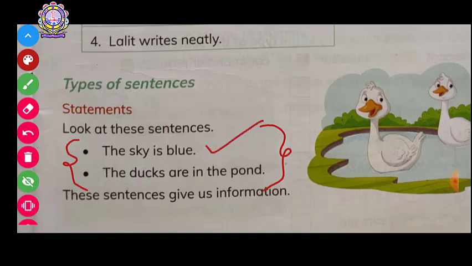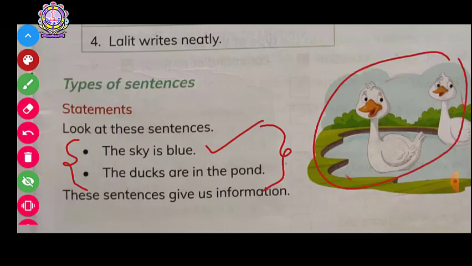The ducks are in the pond. Yes, as you can see here, the ducks are in the pond. Can you see in this picture? So this is also giving us information that the ducks are in the pond.